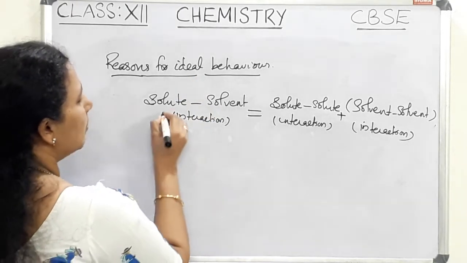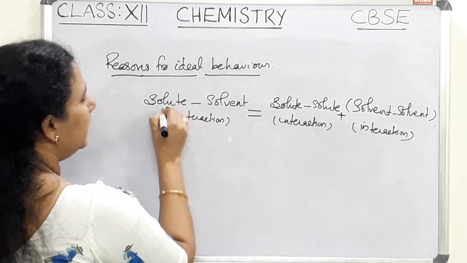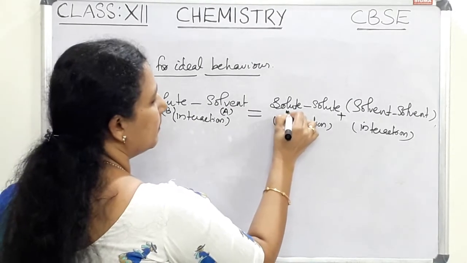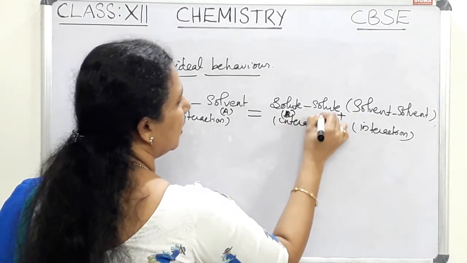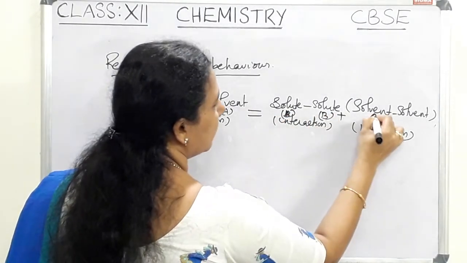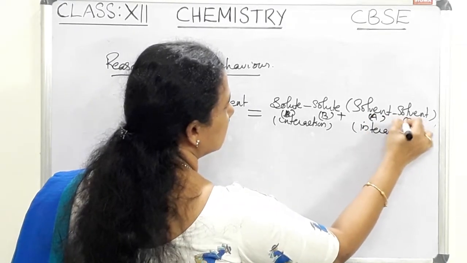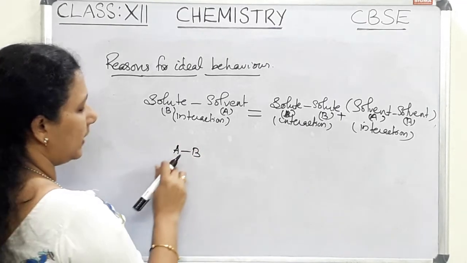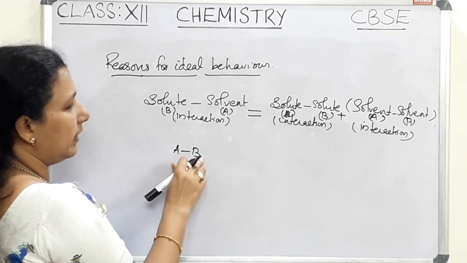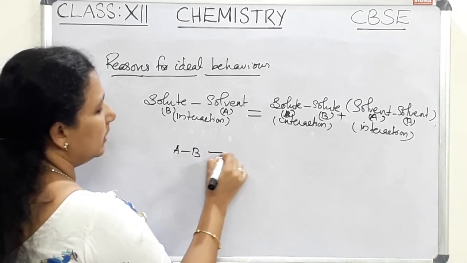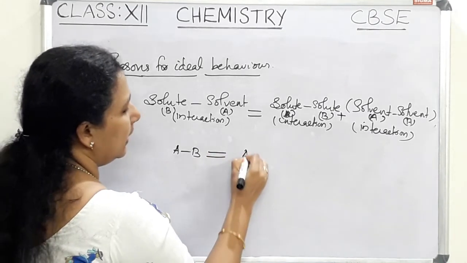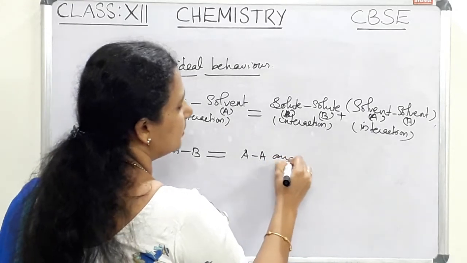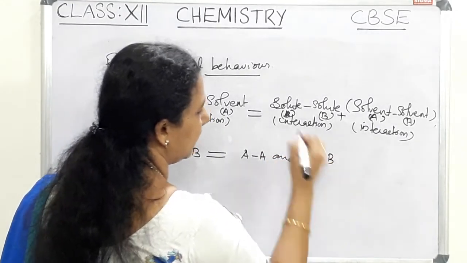Solute is always B and solvent is always A. So we can say AB interaction, that means solvent-solute interaction, is equal to AA interaction and BB interaction.